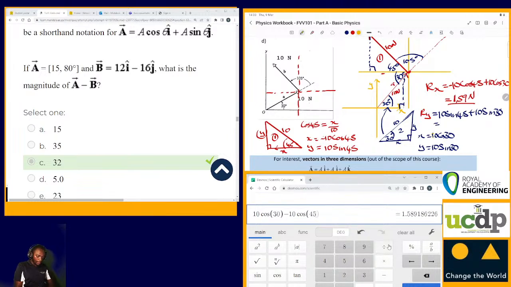You add that. Sine 45 plus 10. I get 12.07.